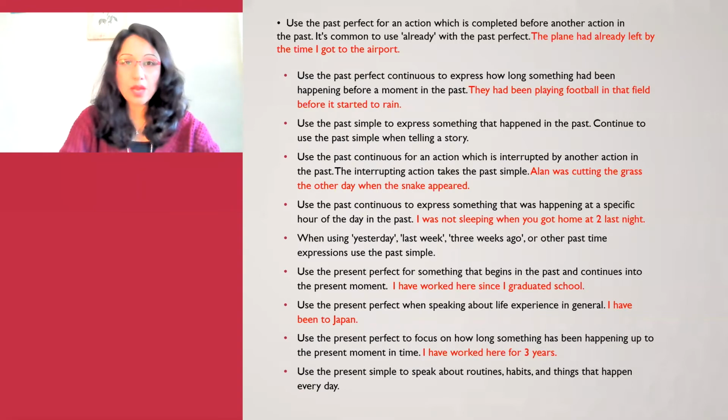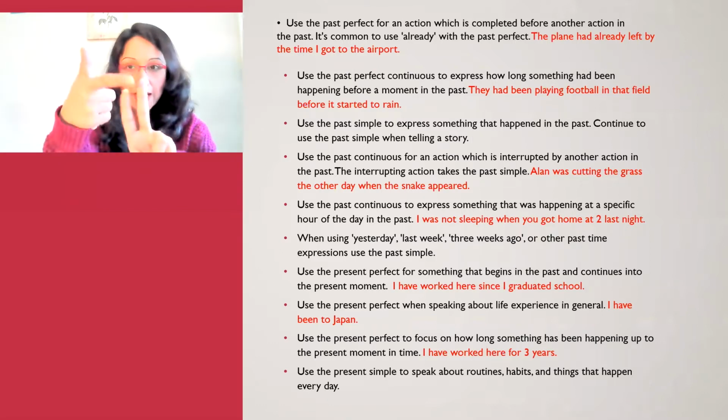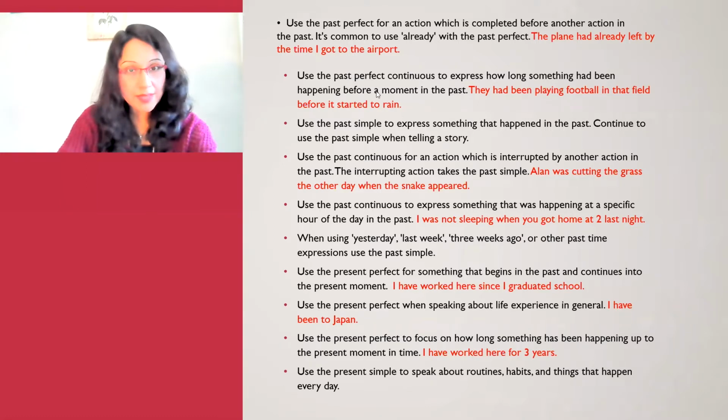Okay, so starting with our past perfect, which is a problem for many. Use your past perfect for an action which is completed before another action in the past. So we use our past perfect when two things are happening in the past, one and two. Look over here: the plane had already left by the time I got to the airport.